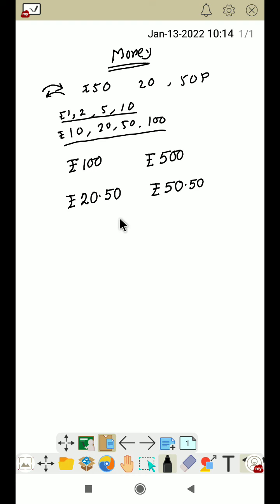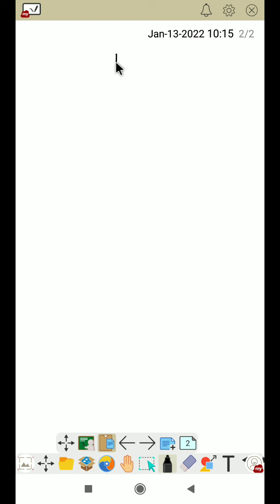Now go to our exercise, Exercise 16B. Question number 1 is given here: 419.25, with a rupee sign.